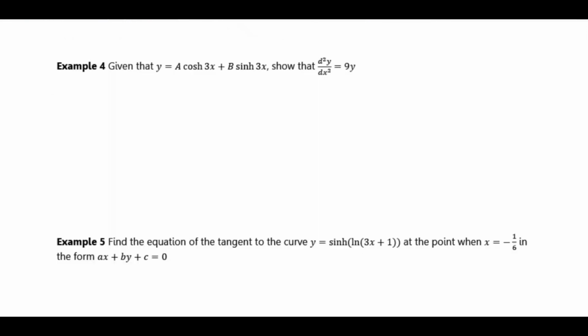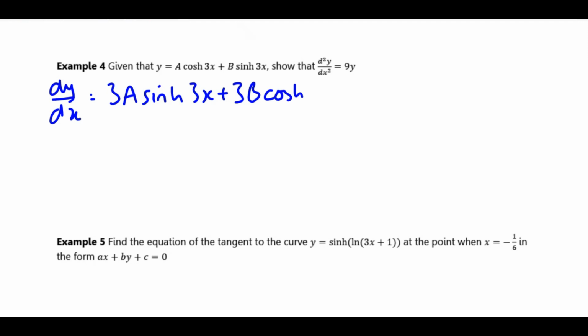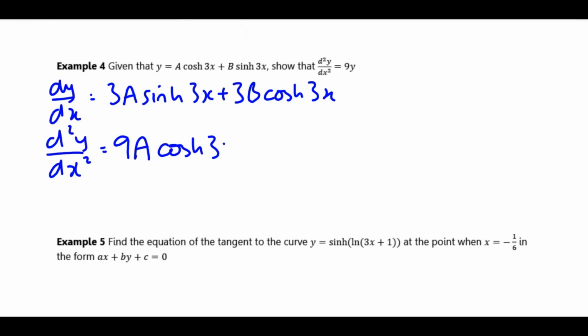We're going to differentiate this one twice. So first off, dy by dx for this one. So a cosh 3x, well, chain rule times by the 3, and cosh goes to sinh. Same for the sinh, that's going to go to cosh, 3b cosh 3x. And if we differentiate again, times by 3 again gives me 9a cosh 3x.